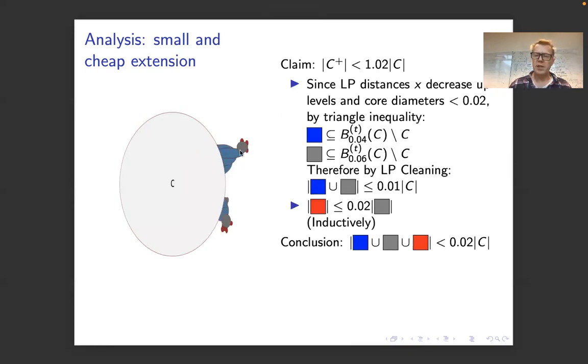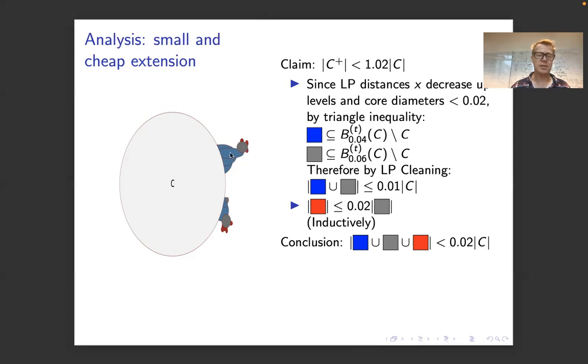Since the LP distances decrease up the levels, and since the core diameter is at most 0.02, we do know that the blue ones here, that was the ancestors of the gray one below the C, they all intersect C. So the maximal distance from C to somewhere in the blue stuff, well, that's at most 0.04.